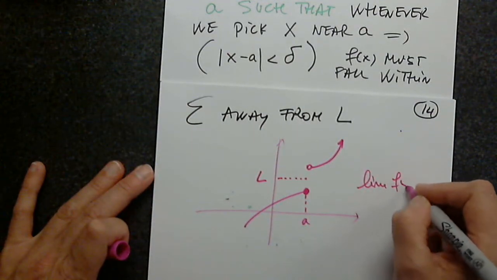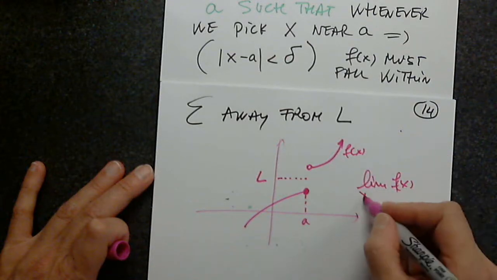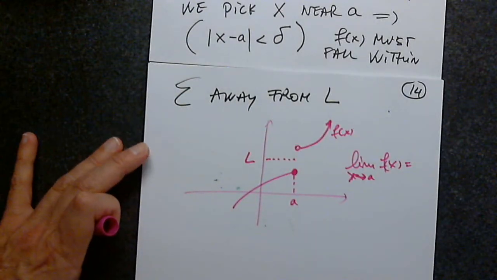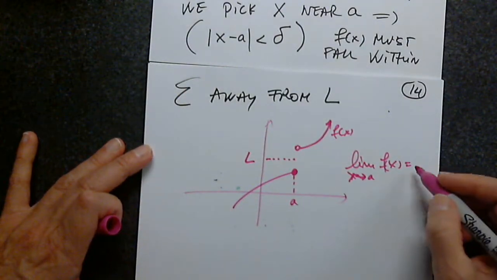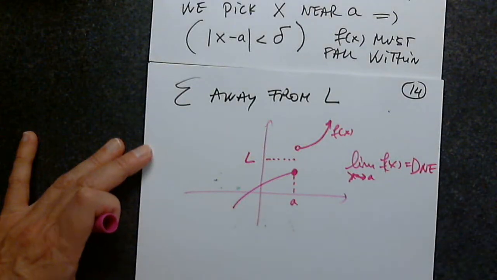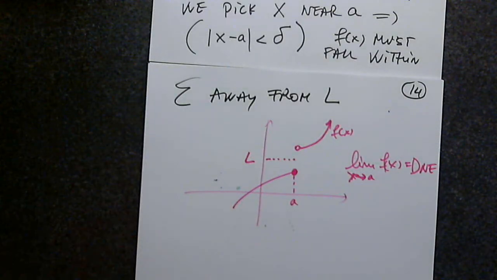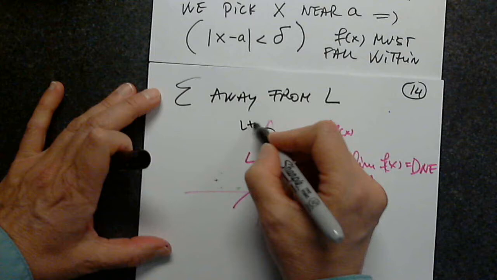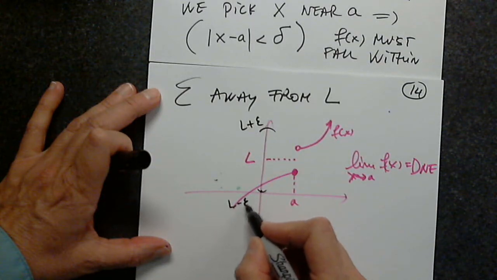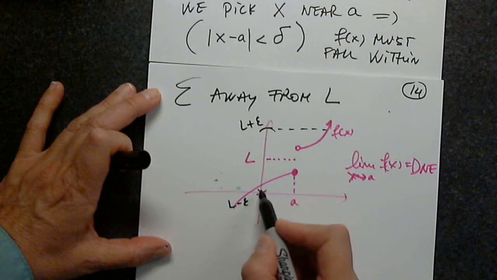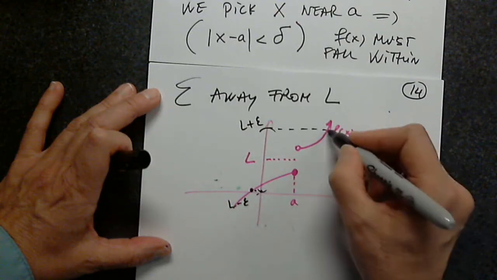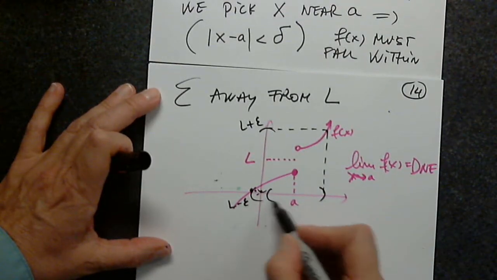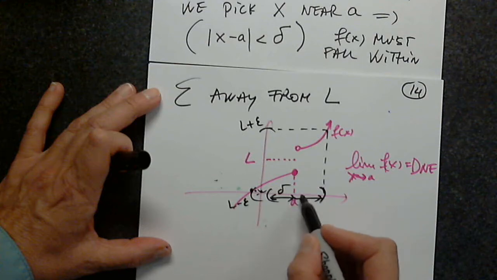What do you think about the limit of this function as x approaches A from either side? It exists, we say, right? We agree? But what if I do this? L plus epsilon, right here, L minus epsilon. Look. And I'll choose the smallest of the two, and I found delta.